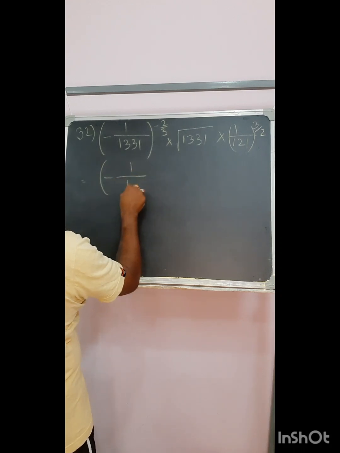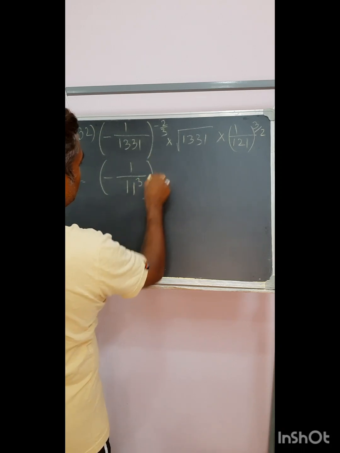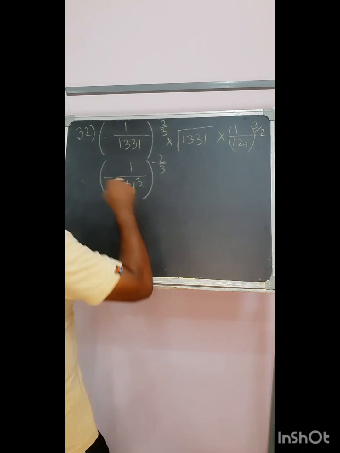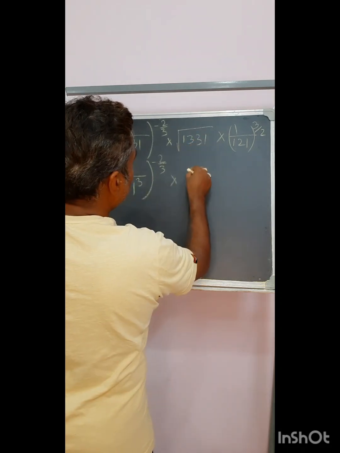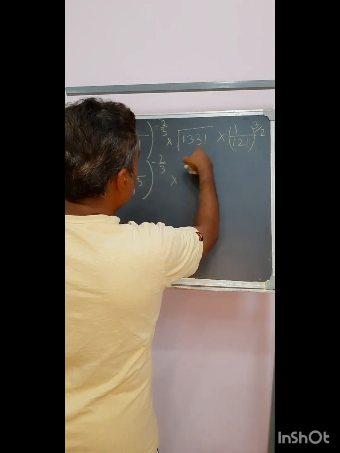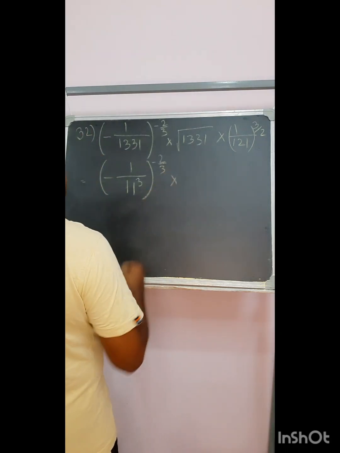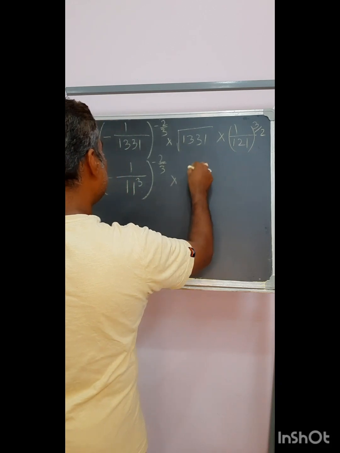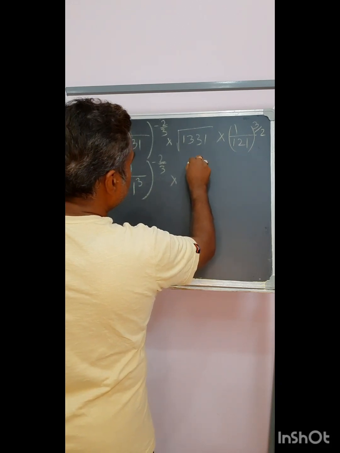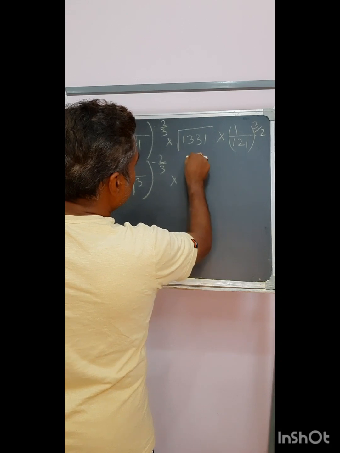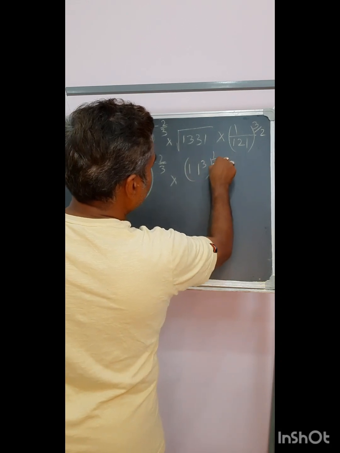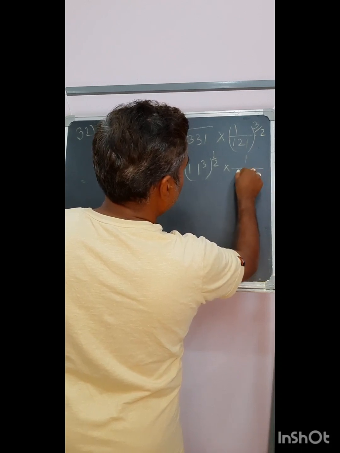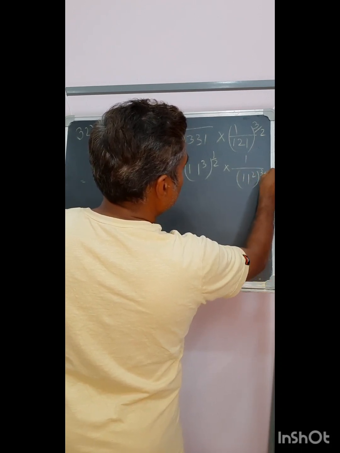So this will be nothing but 11 cube whole to the power minus 2 third, into square root of that, which can be written as 11 cube whole to the power half, into here 11 square whole to the power 3 by 2.